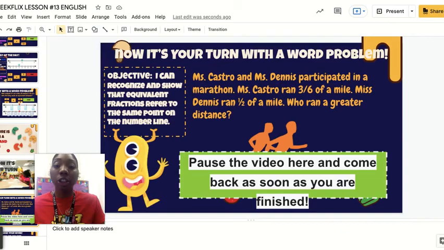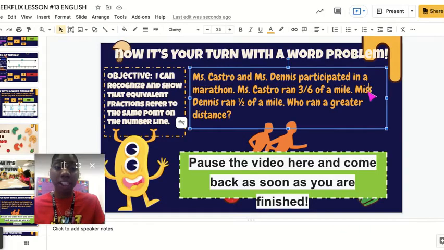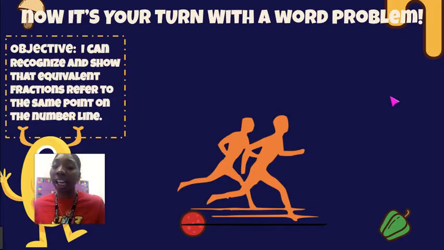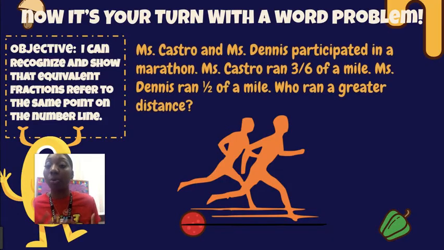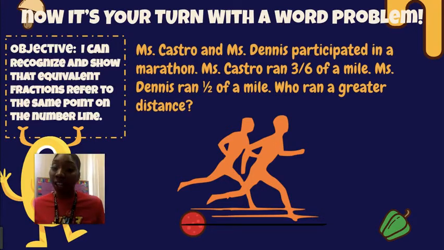Either way, we need to see if they ran an equal distance. So if Miss Castro ran 3/6 of a mile, and Miss Dennis ran 1/2 of a mile, who ran a greater distance?